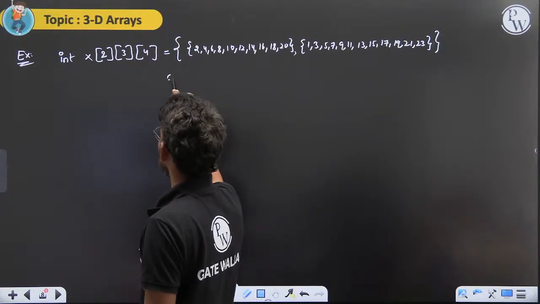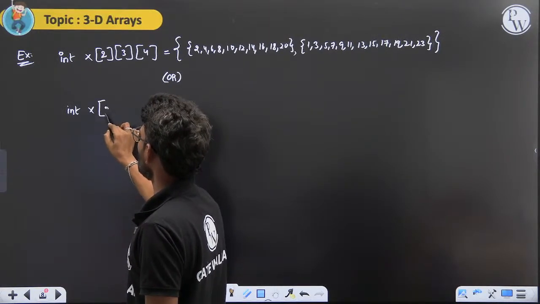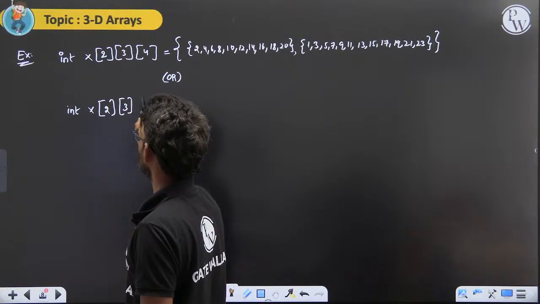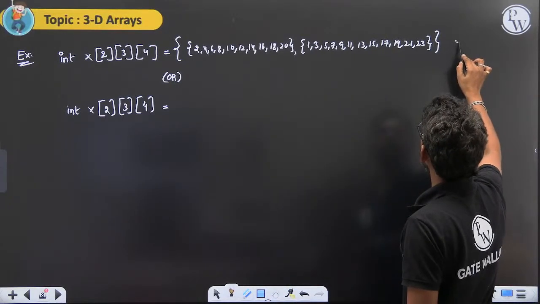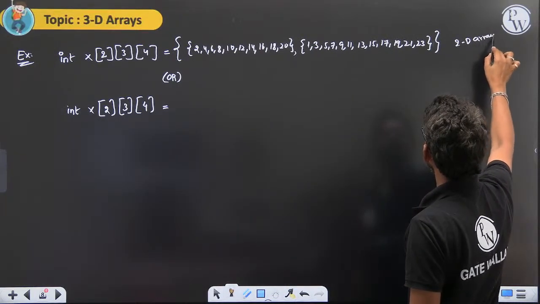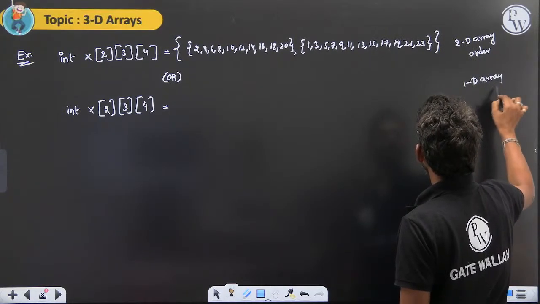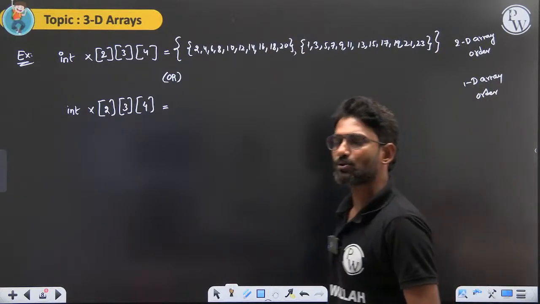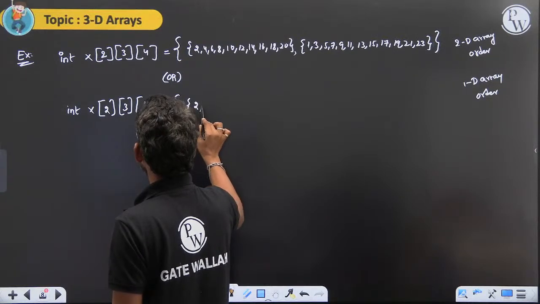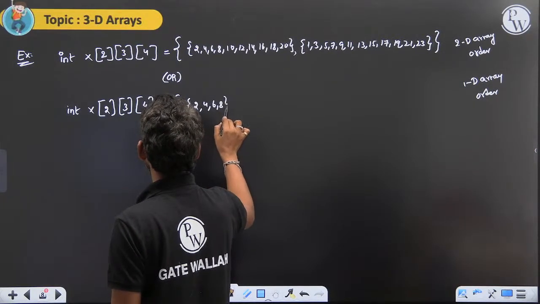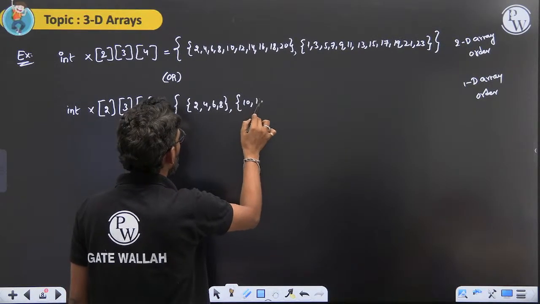Or else you can give in the 1D array order. This you are giving in 2D array order, but for each 1D array also you can assign the values. First 1D array is 2, 4, 6, 8. Second 1D array is 10, 12, 14, 16.